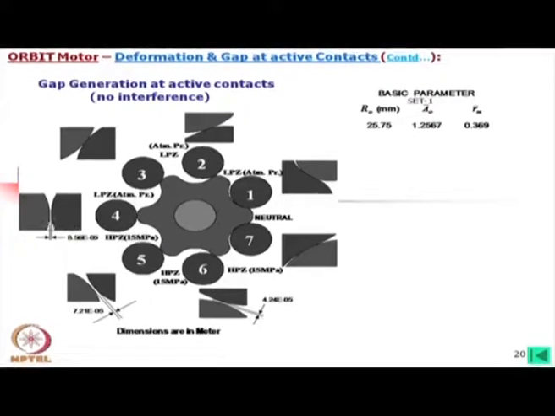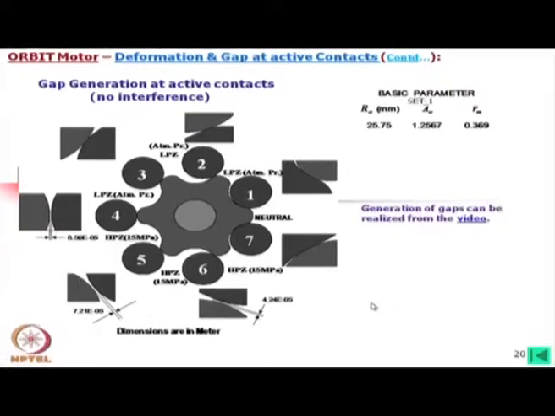At that moment this gap is being generated. Of course, there is no harm in this gap because both sides are in the high pressure zone, so there will be no leakage. The only dangerous part is there, but it is not always, it is momentary.